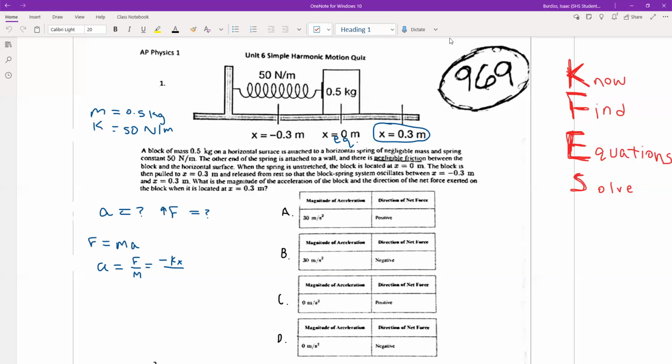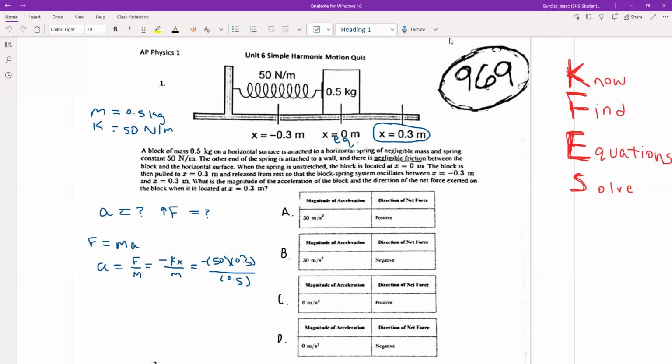So we can change it to that now. Now we can find acceleration because we know all three of those things. We know k is 50. We know x is 0.3 because it said at 0.3 meters. And then mass is 0.5.